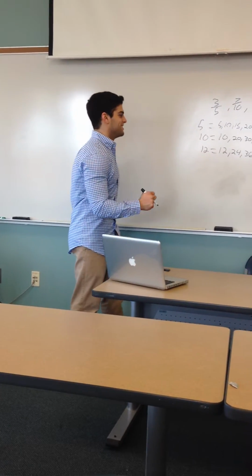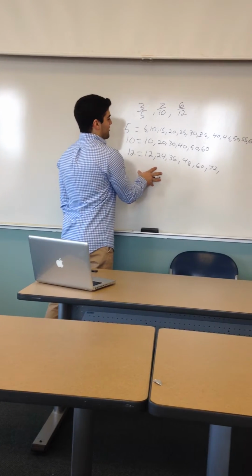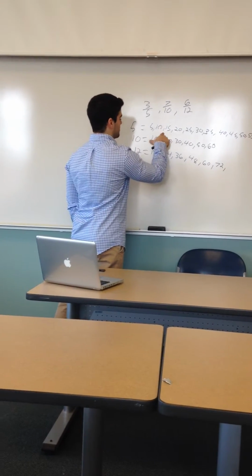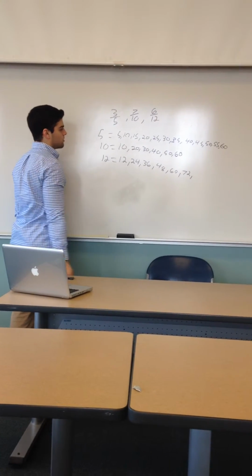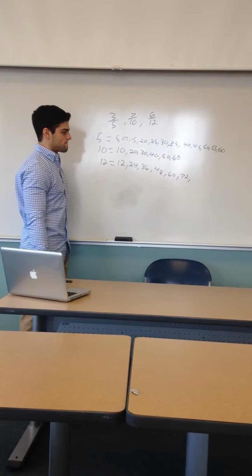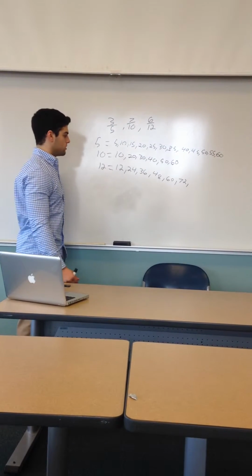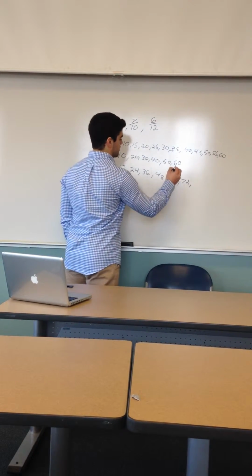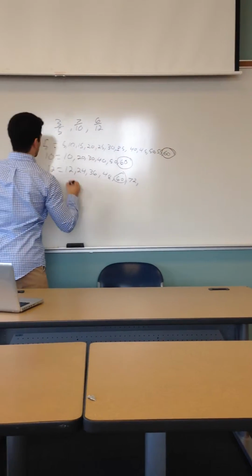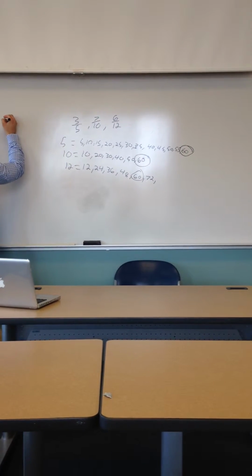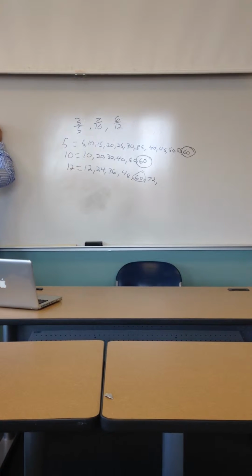So what we have to do is find a multiple that all of these numbers have. So what number is that? Yep, 60. So we have to use the denominator of 60 for all of these fractions.